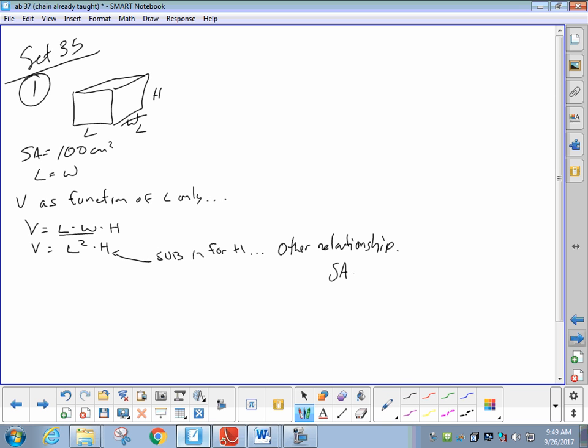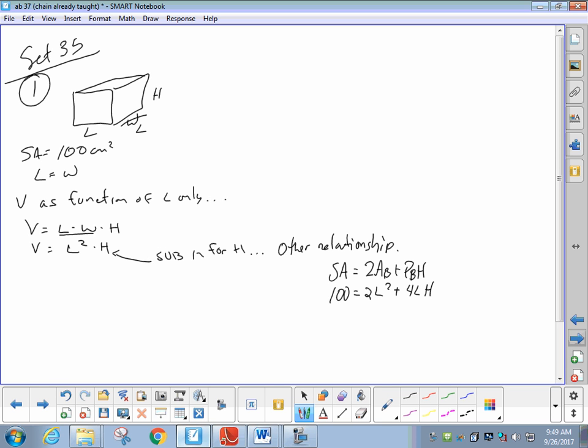Surface area. I know that surface area is 2 times the area of the base plus the perimeter of the base times the height. Plugging in what I know, the surface area in this case is 100. The area of the base is L squared. The perimeter of the base is 4L, and the height is the height.